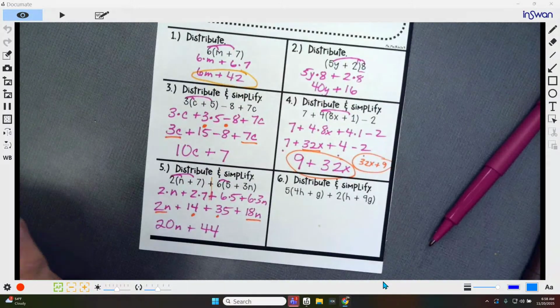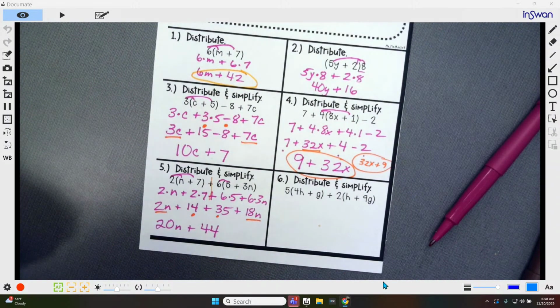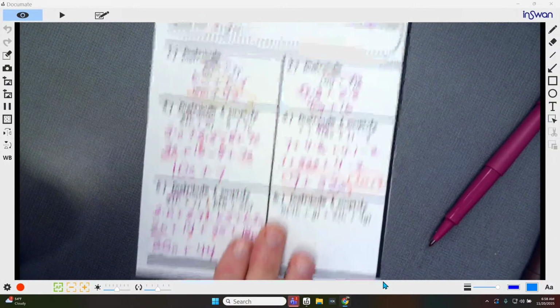So, as you can see, if you go through and you're sorting these out, as long as you do the process and you're following through with multiplying both the first and second inside numbers by the outside number and keeping the signs, and then combining the like terms, you should be able to complete this relatively easily.